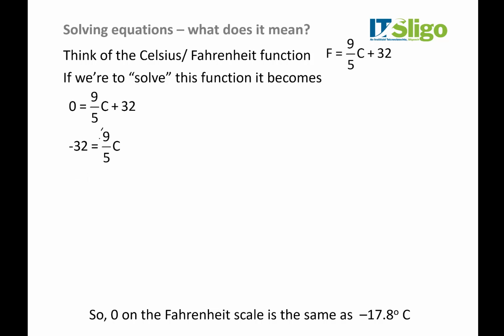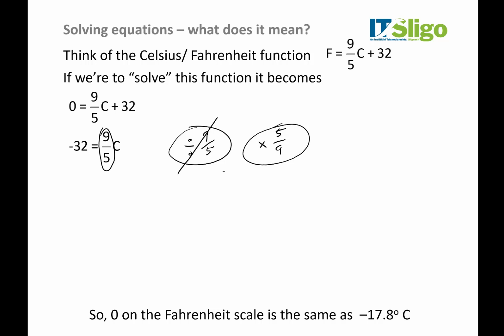Now we want to get rid of 9 over 5. It's joined on by multiplication, so we divide both sides by 9 over 5. But if you remember from semester 1 and fractions, dividing by a fraction is the same as multiplying by its reciprocal. Flip and multiply rather than dividing by the fraction.